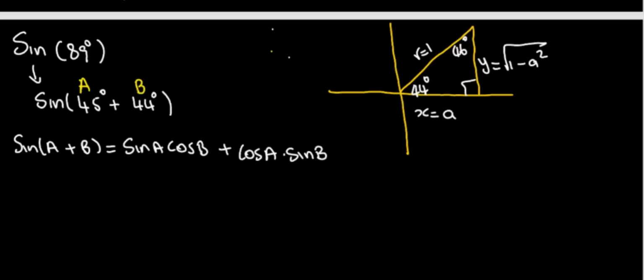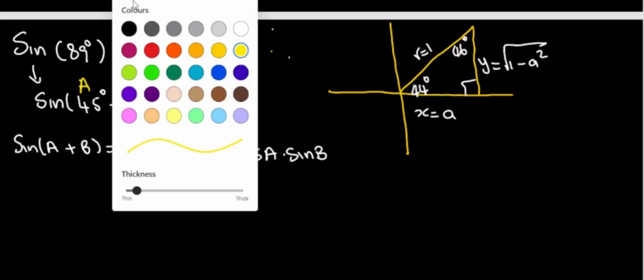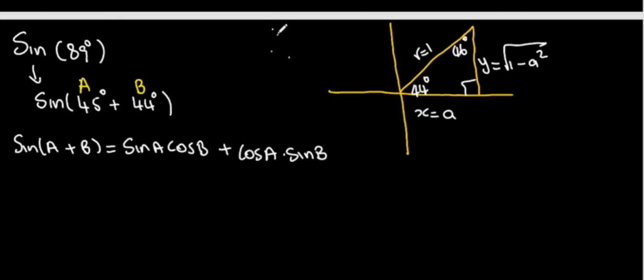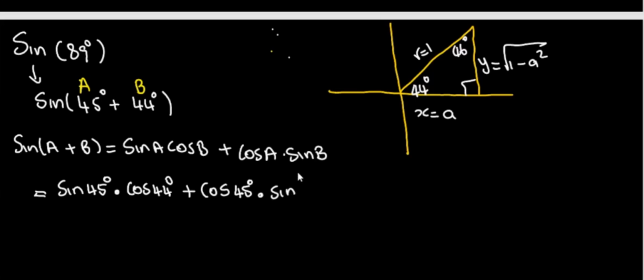It's easy enough. So this question, we can write as the sine of A, which is 45 degrees, multiplied by the cos of B, which is 44 degrees, and then we're going to add the cos of A, which is 45 degrees, multiplied by the sine of B, which is 44.